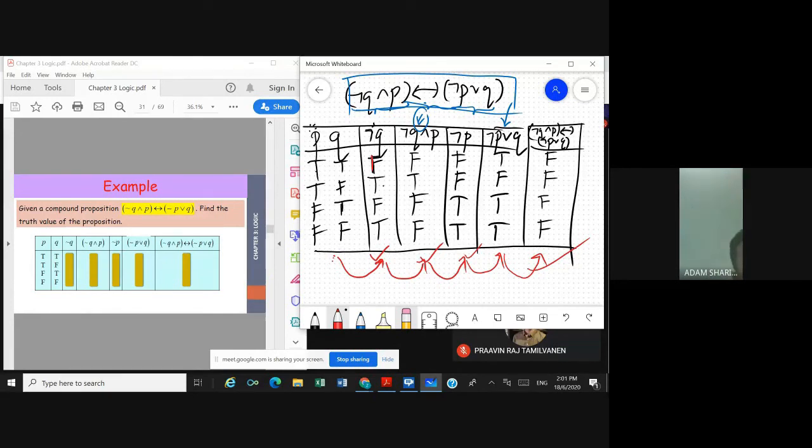Before you proceed to the next column, you must do the column right first. Because if not correct, your mistake will be tracked back until the end. Every mark is given usually by each column. This one is 1 mark, 1 mark, 1 mark, 1 mark, 1 mark, 1 mark.